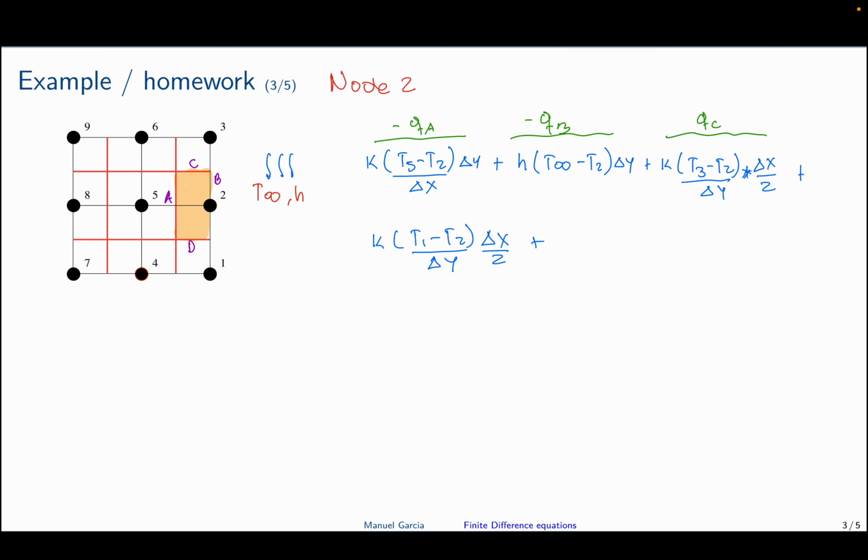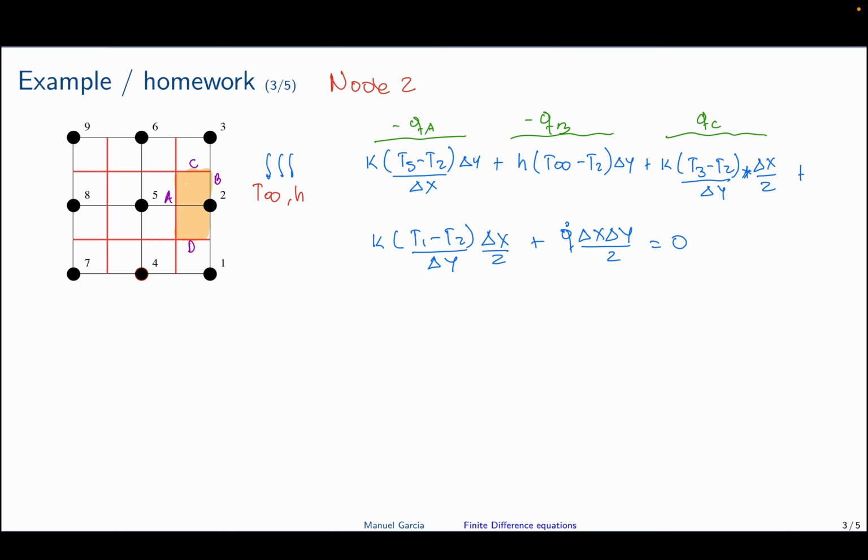Plus the heat generated, which is q dot multiplied by the volume, delta x, delta y, and delta z, but we are dividing by delta z, and this is half the area, so half delta x delta y divided by 2. And this is equal to 0.